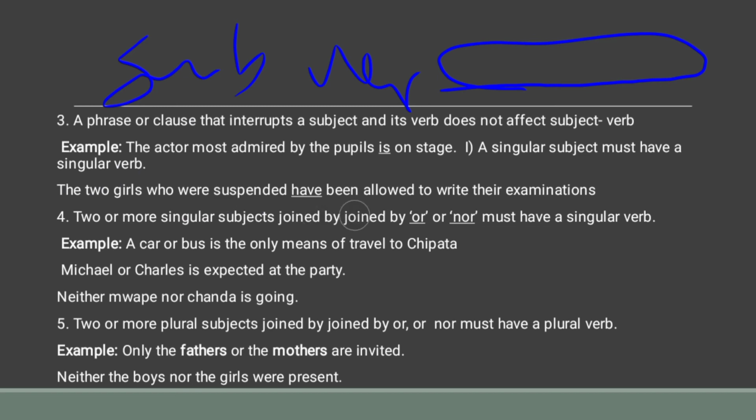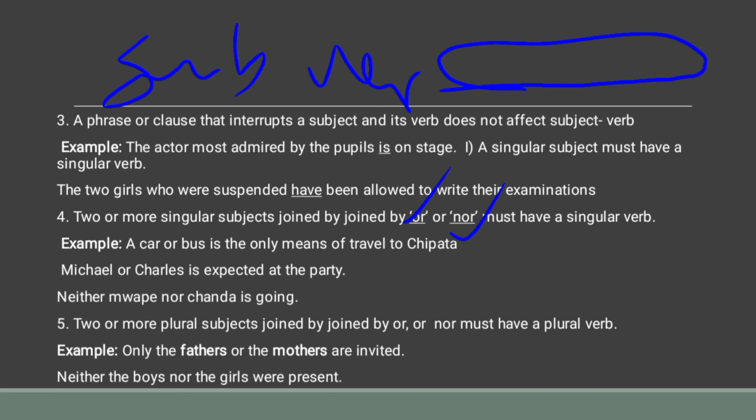Rule number 4. Two or more singular subjects joined by or or nor must have a singular verb. What do I mean here? Again, this one is very important. When you see singular subjects being joined by or or nor, then you must have singular verbs.